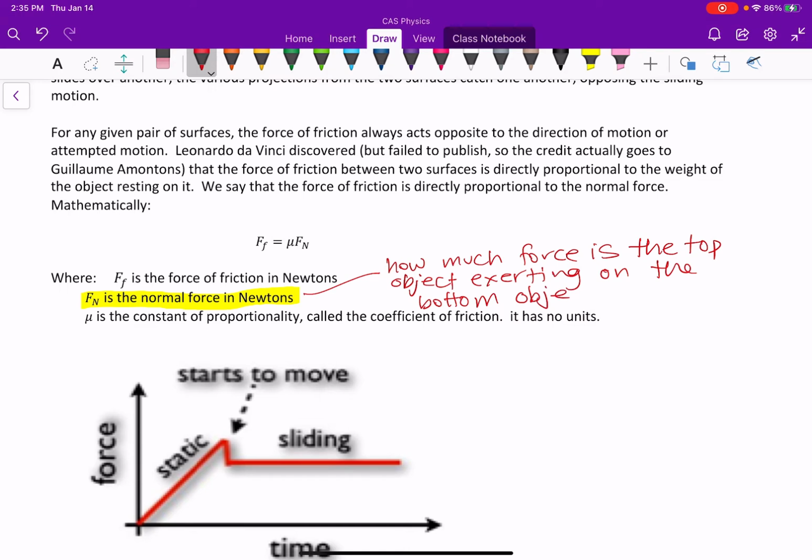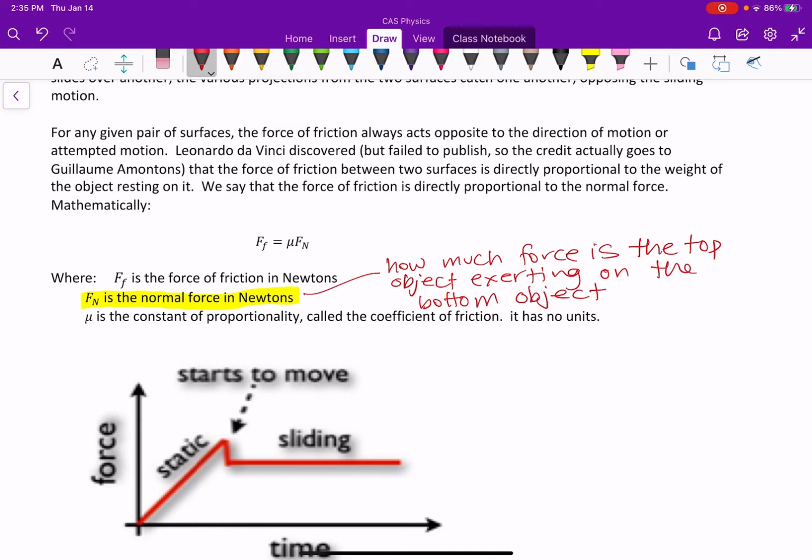This isn't strictly the normal force, but it can be measured by the normal force. That normal force is a force that is pushed upward by the bottom object in order to support the top object, and that force is equivalent.